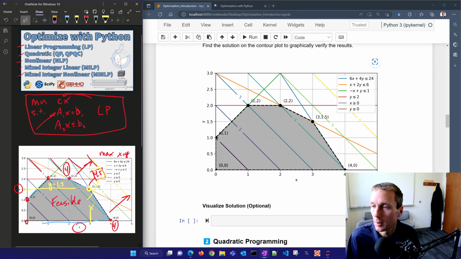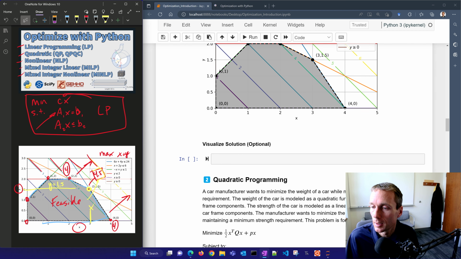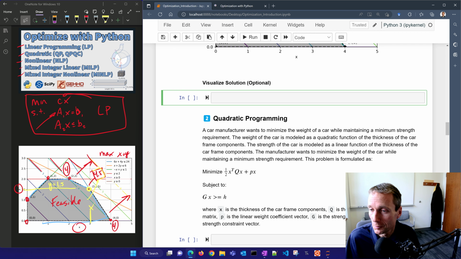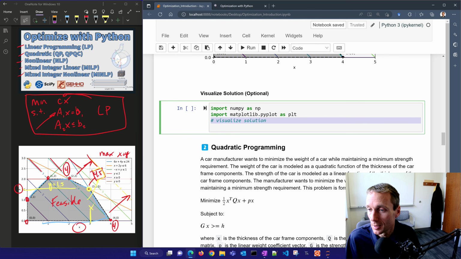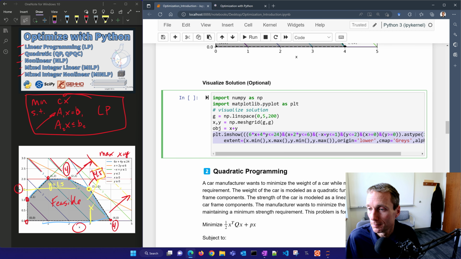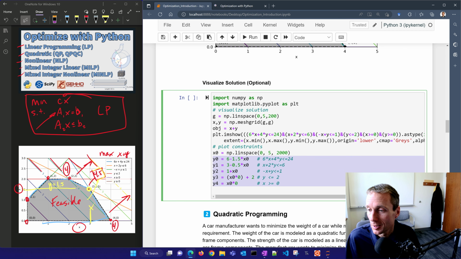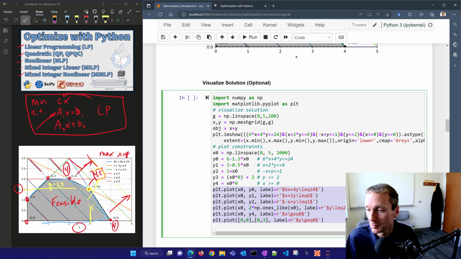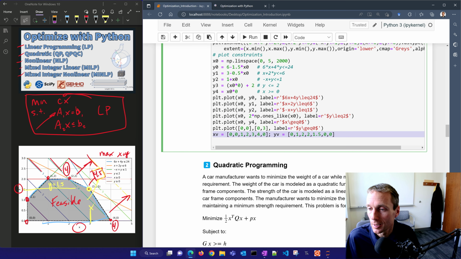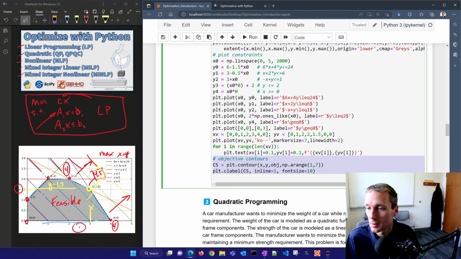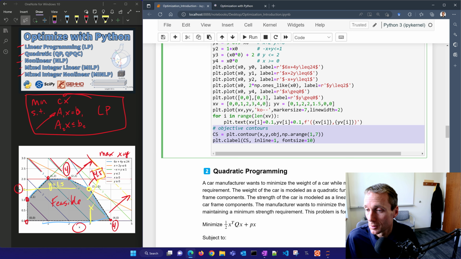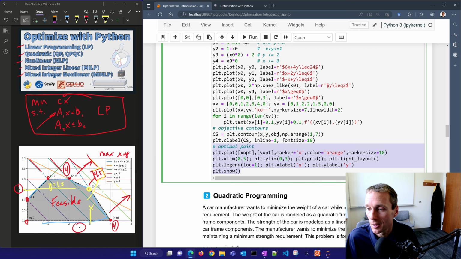Okay, so there we have our plot. Now we can also visualize the solution. If you want to recreate this plot, I'm not going to go through this code with you, but it's there if you would like it. I'm just going to create a mesh grid, show an image with all of the feasible region, plot my constraints, create some plots with those lines on it, and then mark the points that could be potential feasible optimal solutions at the vertices, and then put my contours and then my optimal point.